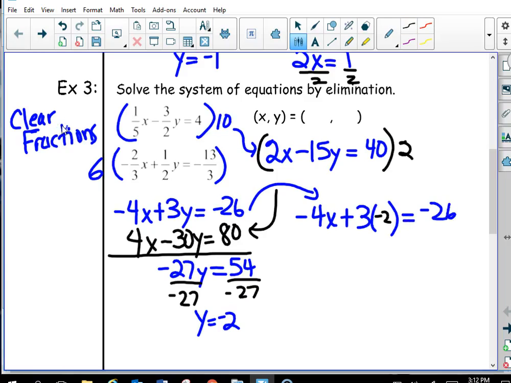And the reason I picked this equation, I didn't want to work with fractions. I'm still avoiding the fractions. Negative 4x minus 6 equals negative 26.